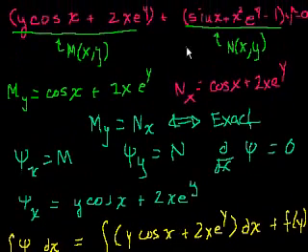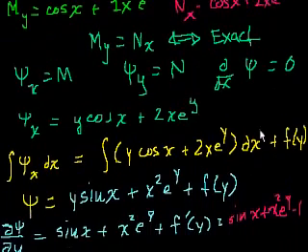First, by recognizing it was exact, by taking the partial of M with respect to y, and seeing if that was equal to the partial of N with respect to x. Once we saw that they were equal, we said okay, this is going to be exact, so let's figure out xi. Since this is exact, M is the partial of xi with respect to x, N is the partial of xi with respect to y. Then to figure out xi, we integrated M with respect to x, and we got this.